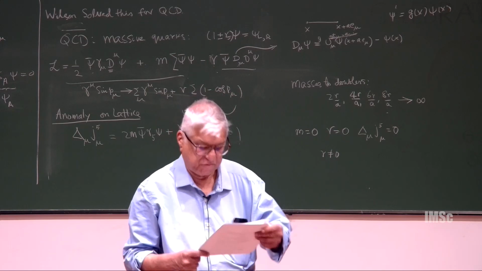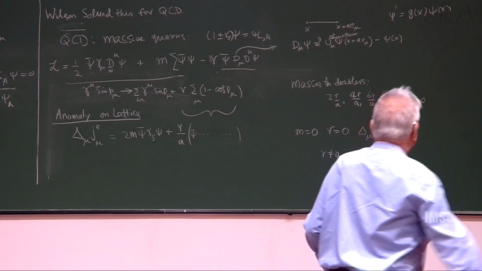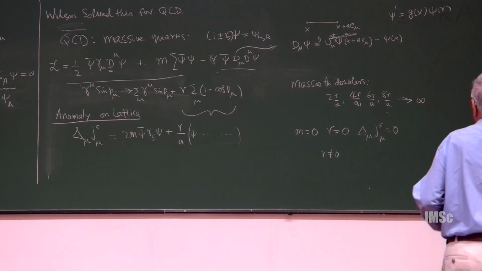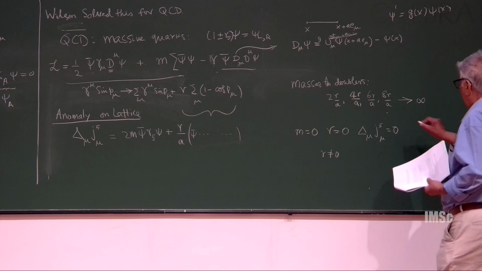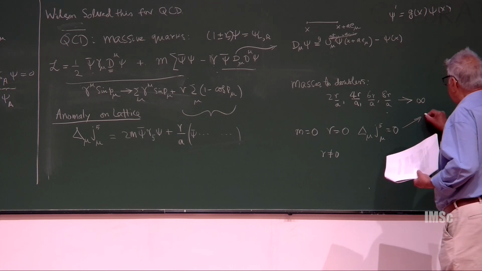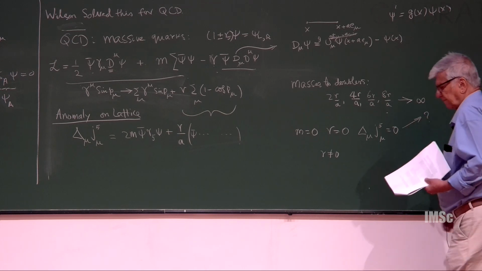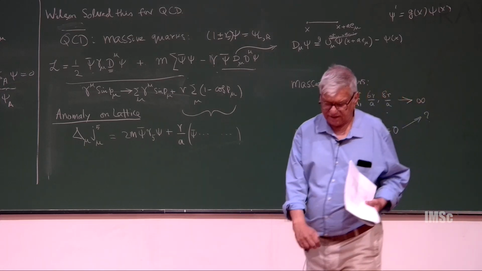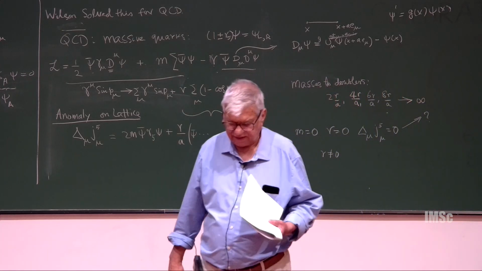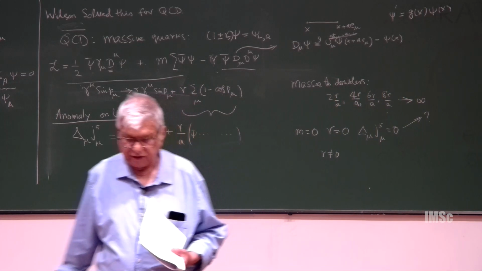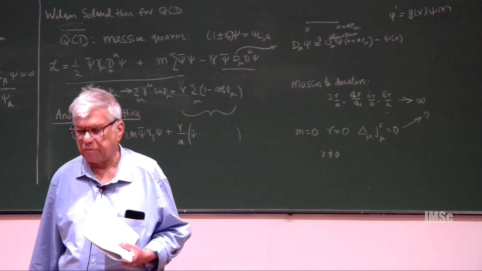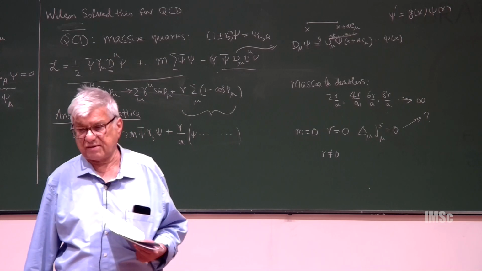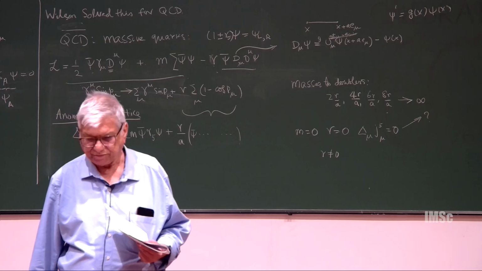Now I have 15 minutes and I will try to explain two things. One, why this, and that is dependent on the property of chiral fermions on the lattice. Okay?